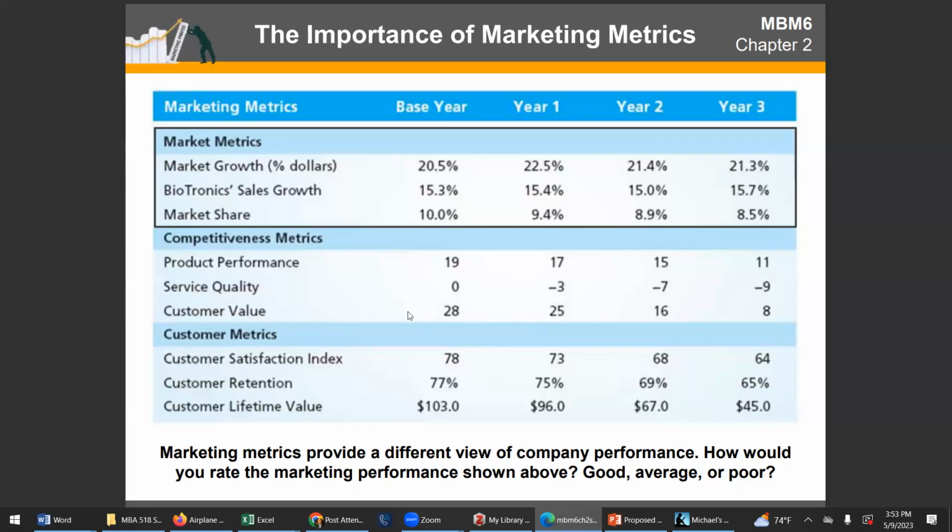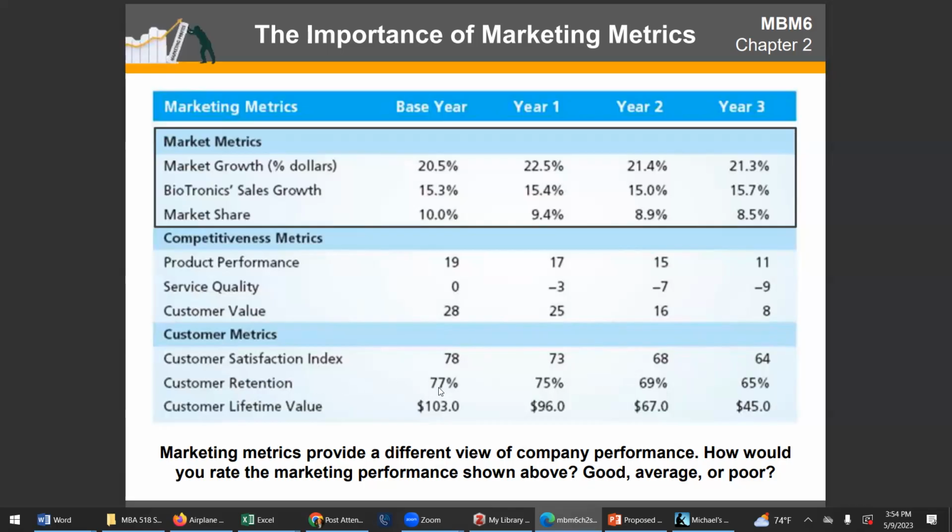And so what you can see here is that ratio is going down, and it's certainly not going in Biotronics' favor. We could also look at a customer satisfaction index here, right? So 78 down to 64, going the wrong direction.